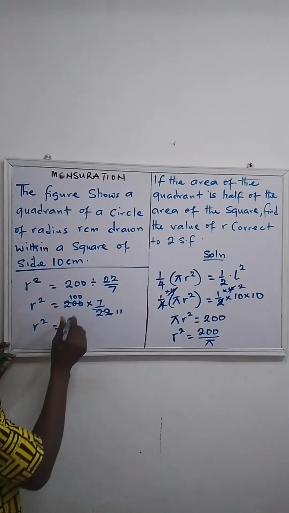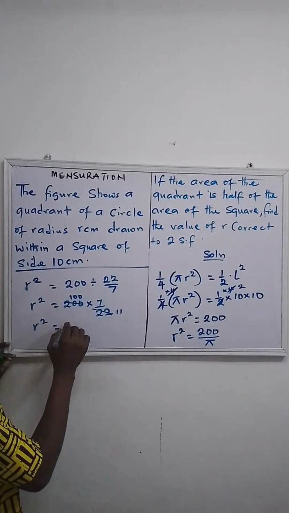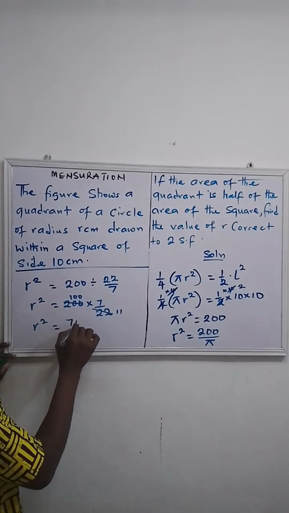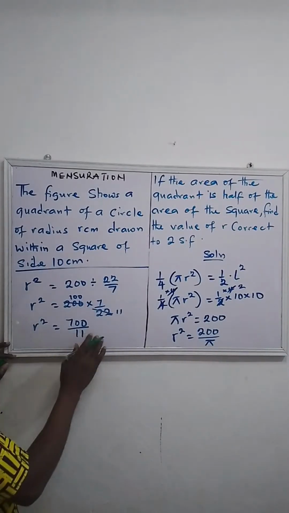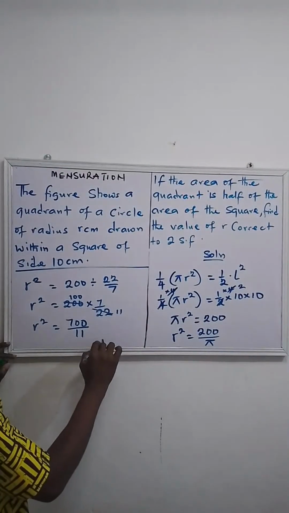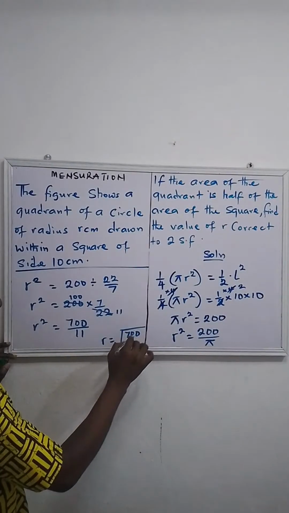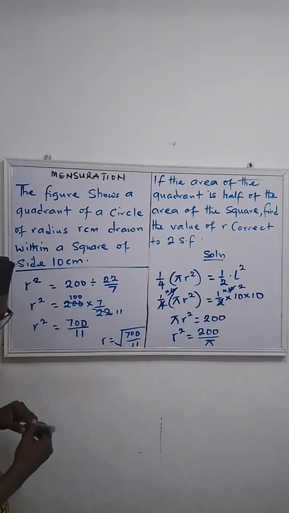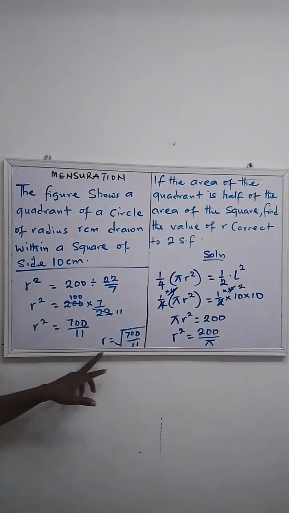Okay, so we have now 100 times 7. So that means we have what? We have 700 over 11. So you can take the square root of both sides to get your r. So we have r equals the square root of 700 over 11. So what is going to be the value of r?